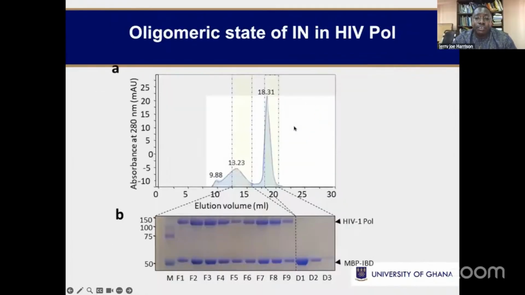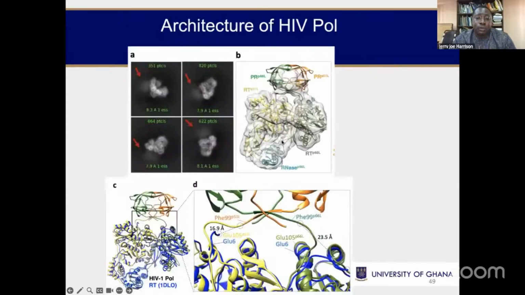So in the previous structures, we show that the RT is a dimer, and if the RT is a dimer, that could actually facilitate the coming together of two protease units. So here, with the RT forming a heterodimer, you have two of the proteases now close enough that they can also dimerize.